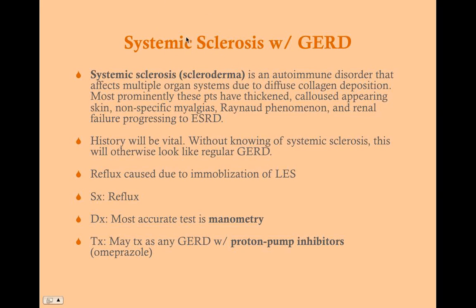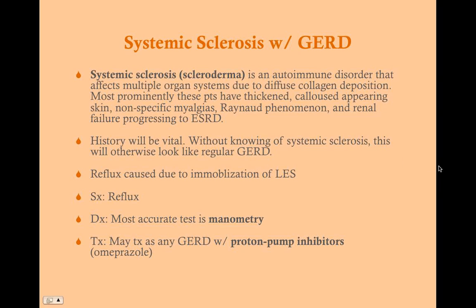And what's happening is that you're getting collagen deposition inside the muscle of the lower esophageal sphincter. And so because you get collagen deposition inside that muscle, it's not going to be able to move, it's not going to be able to relax or constrict as it should. And so primarily the problem is that the sphincter is not going to be able to constrict, and so you're going to have perpetual relaxation.